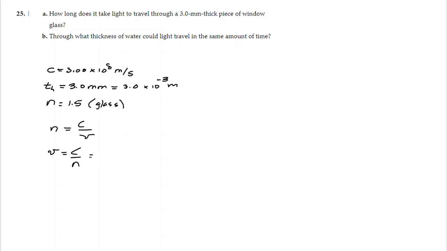So we're going to get 3 times 10 to the 8 meters per second divided by the index of refraction of glass, which is 1.5. When we do the calculation, we get that the speed of light in glass is 2 times 10 to the 8 meters per second.